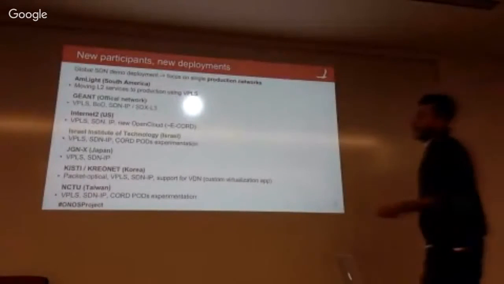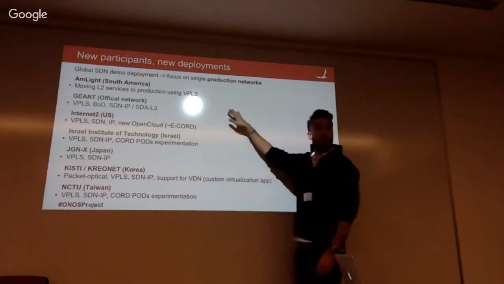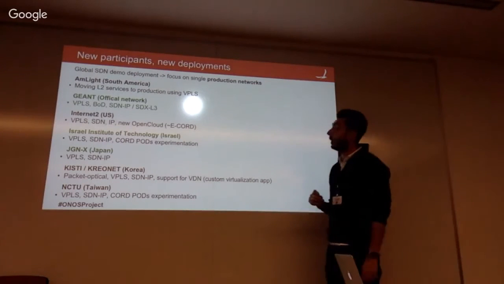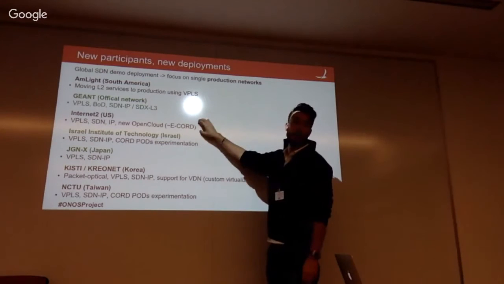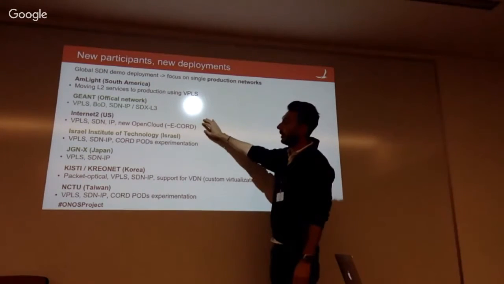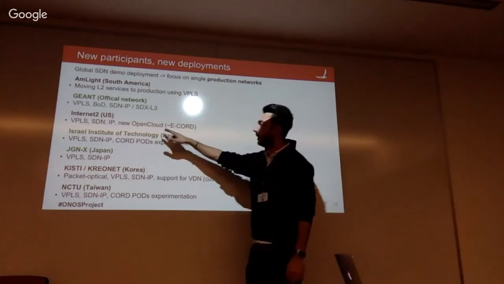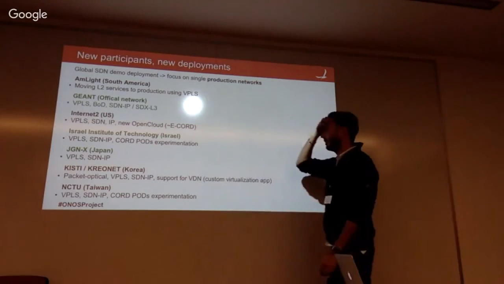As I said, we are doing new things with actual participants. AM-Lite, by the way, is already running ONOS in production for layer 3. We are also integrating the layer 2 services. We are making the new deployment on the new Internet2 testbed, also putting VPLS and SDN-IP here, all orchestrated by eCore between multiple universities' websites.